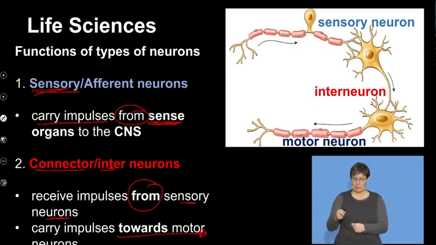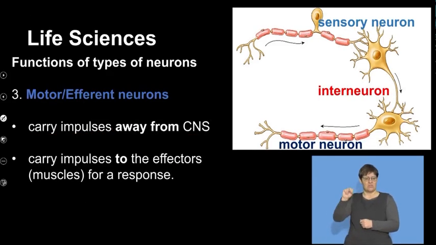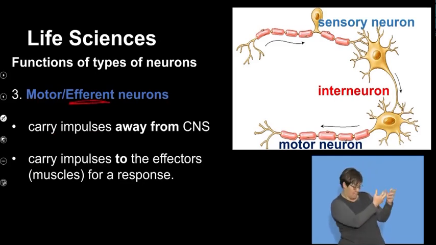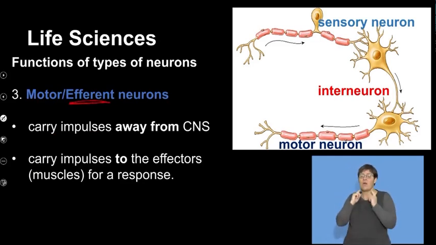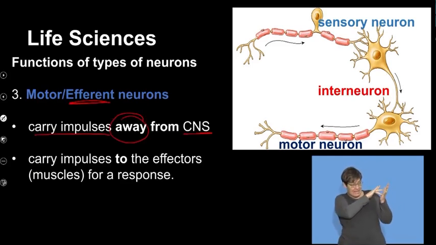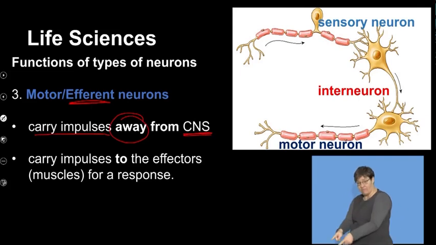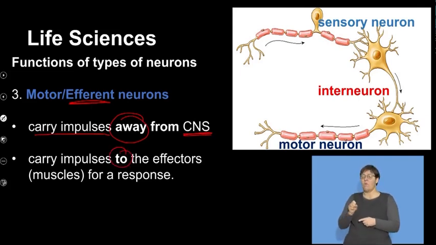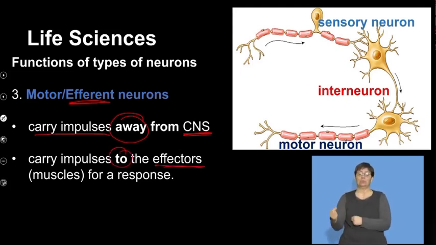Motor neuron or effector neuron takes the impulse to the effectors, the muscles or the glands. It carries the impulse away from the central nervous system to the effectors. Why to the effectors? For response.